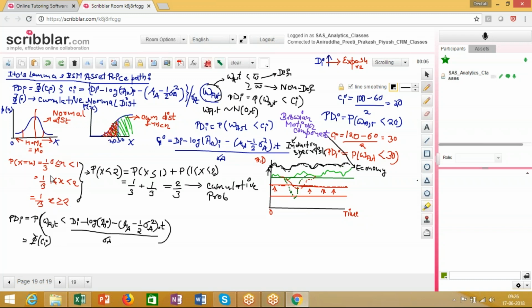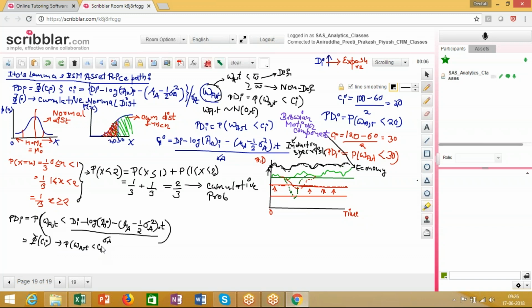Now what we are trying to do is understand what this phi of C_i is. So PD_i is phi of C_i. Here C_i is a value, so phi of C_i simply means the probability that W_A(T) takes a value which is less than or equal to C_i.